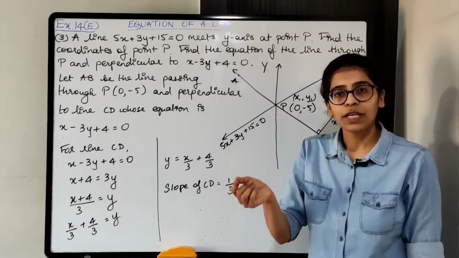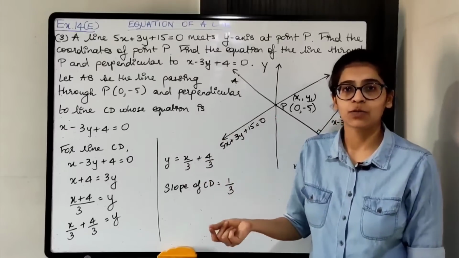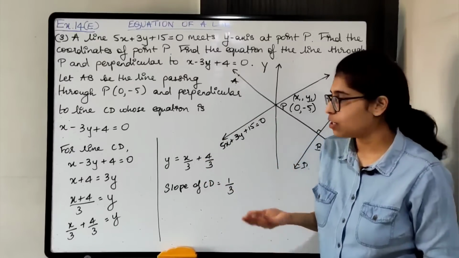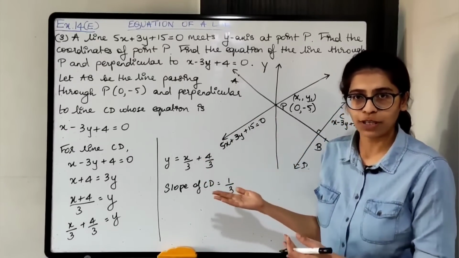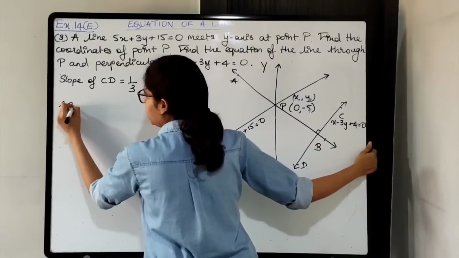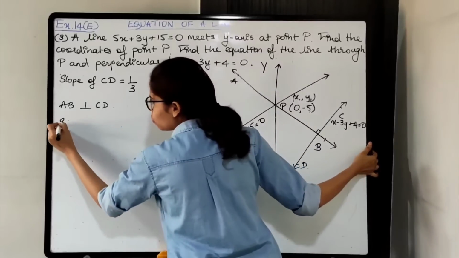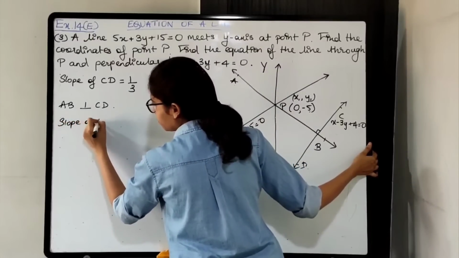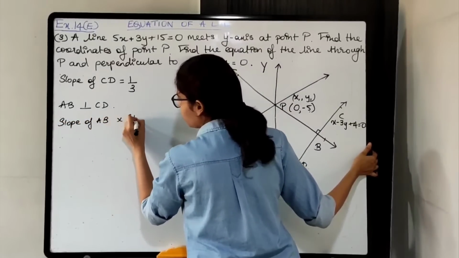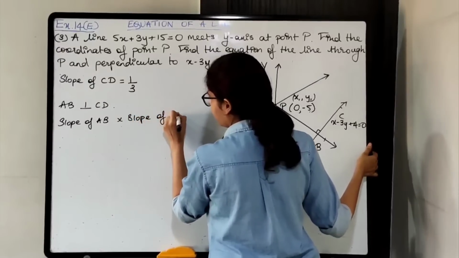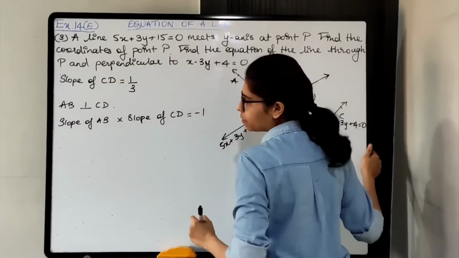We know slope of AB into slope of CD is equal to -1 because they are perpendicular lines. So we'll find the slope of AB now. AB is perpendicular to CD. So slope of AB into slope of CD is equal to -1.